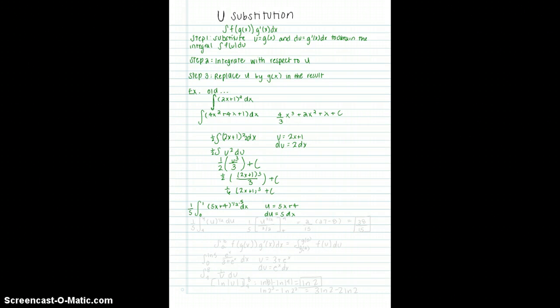So you get 1/5 integral of u to the 1/2 du. And then for the limits of this integral, they have to be with respect to u. So to find the limits, you just plug in the limits from the original, so 0 and 1, into the equation for u.